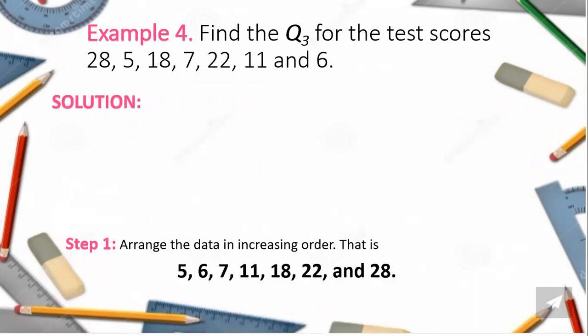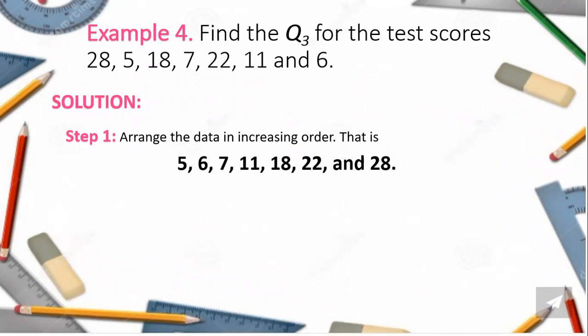For the solution, step 1, we arrange the data in increasing order of magnitude. That is, we now have the arrangement 5, 6, 7, 11, 18, 22, and 28. Thus, we have 7 observations. Our N is 7.